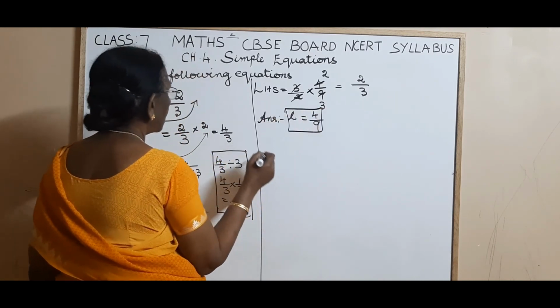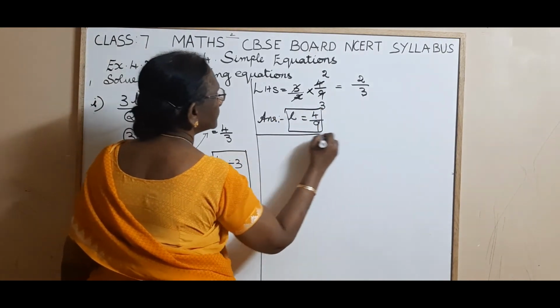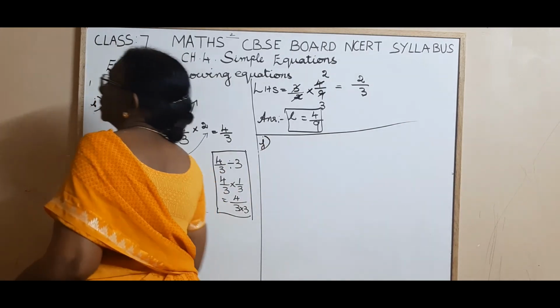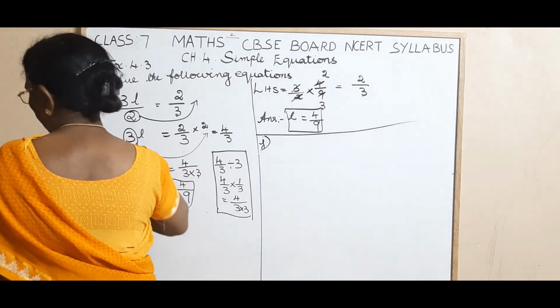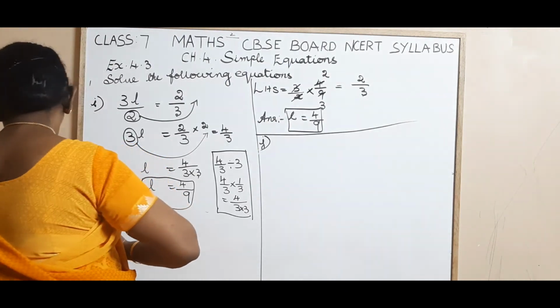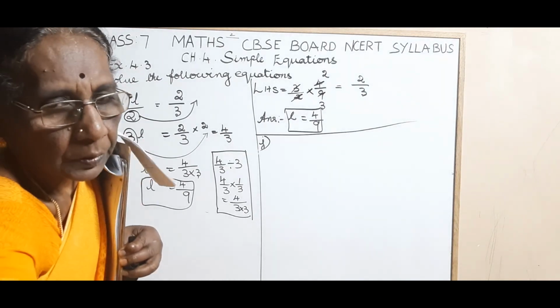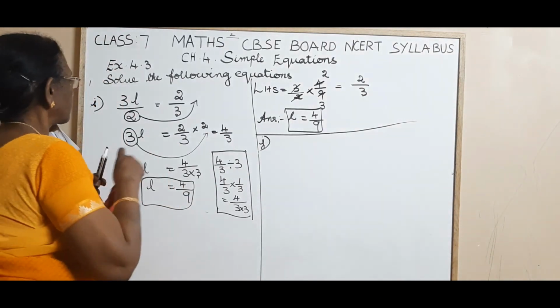Okay. Now sum number J. The J sum is 2b by 3. Here 3 operations. So I'll do from this end.